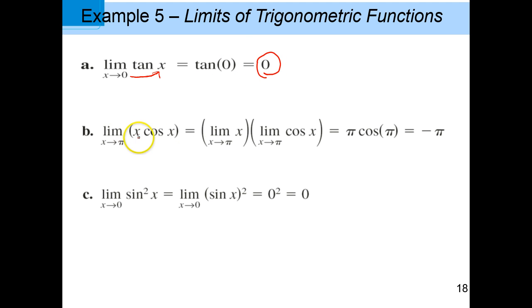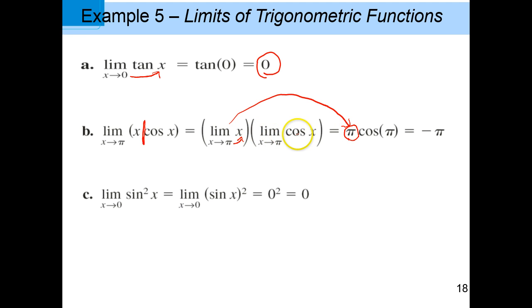The limit of x times the cosine of x. Here we have two functions, right? We have x and the cosine of x as x approaches pi. So we're going to break these apart and take the limits separately. The limit of x as x approaches pi gives us pi.